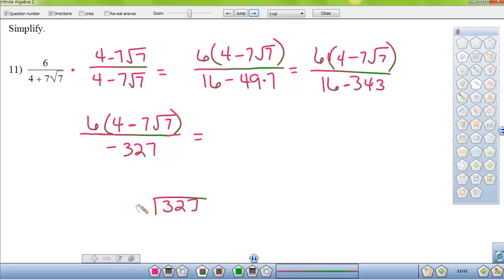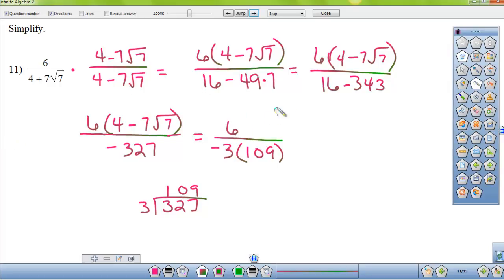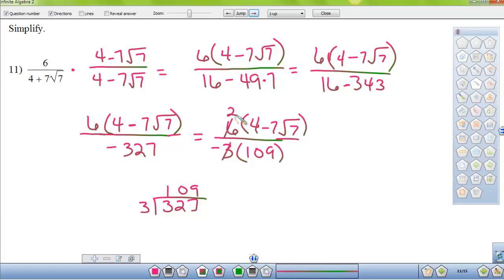So if I were to write this, I would get 109. So you'll see in a second why I'm doing this. The 6 in this numerator, and again, the reason why I did not distribute this 6 was for this reason. Okay, now what I can do is I can actually cancel this 3 with this 6, making this a 2.